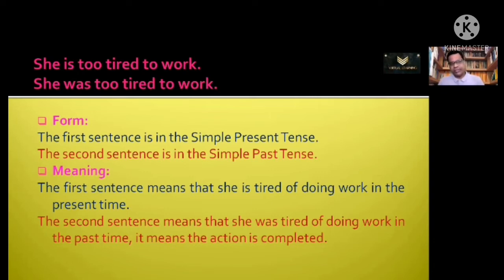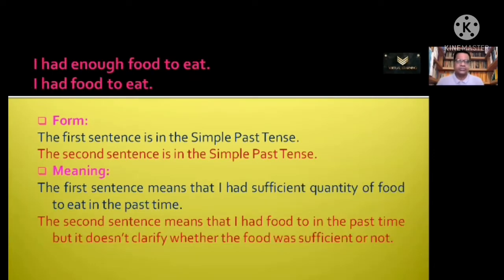It may not have any relevance with the present. The person, that is the third person singular number she, may remain the same. But as far as the work is concerned or the action is concerned, that is already completed in the past. So this is how you can analyze the meanings of the sentences.